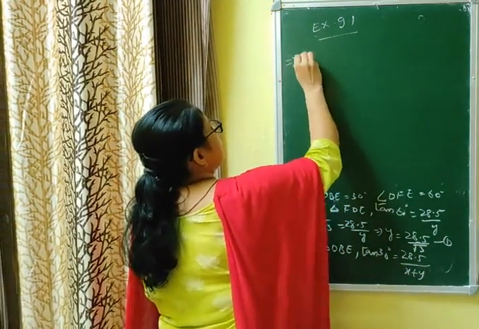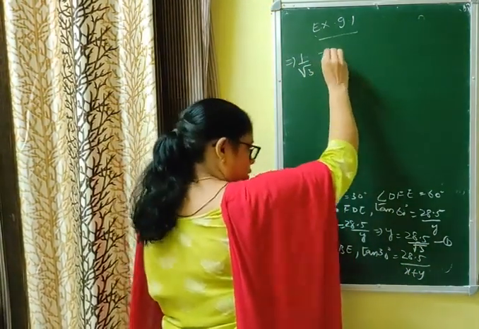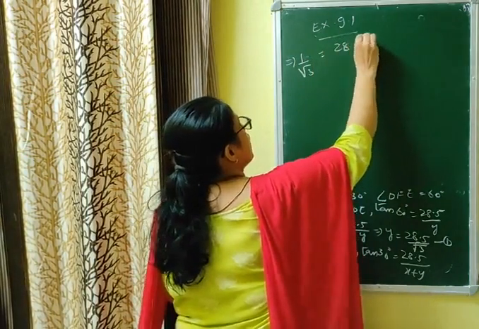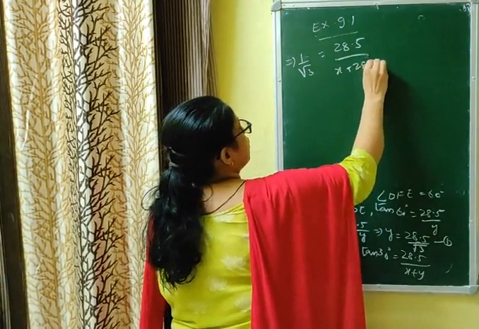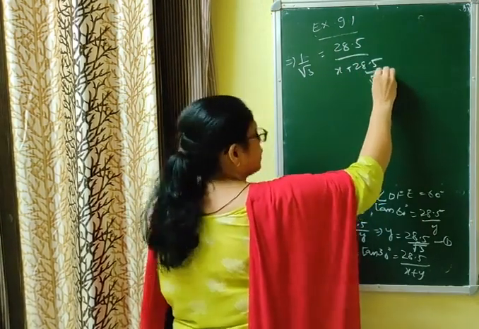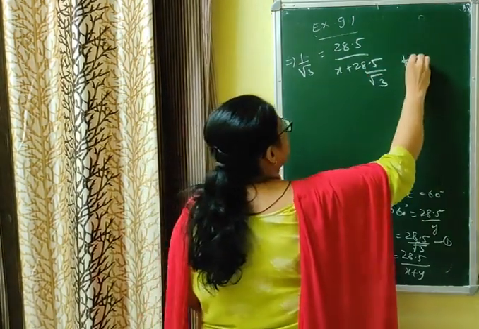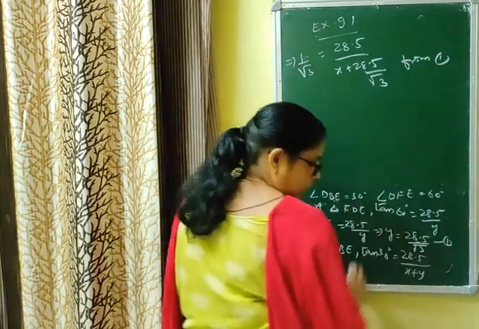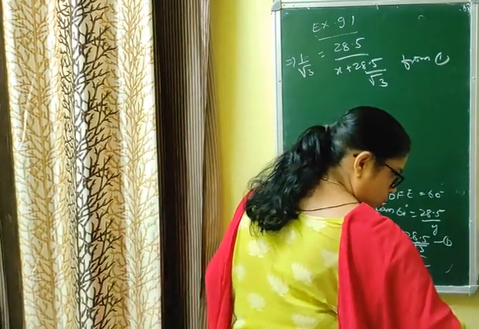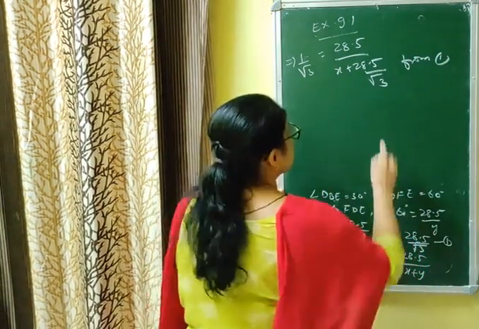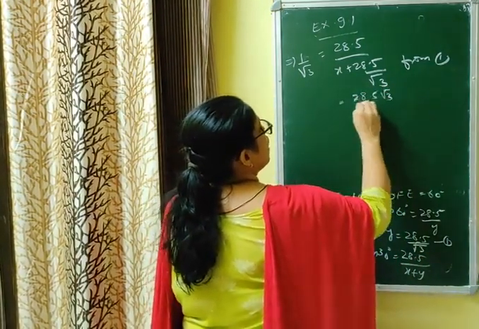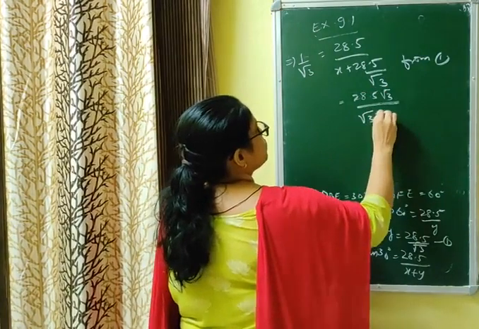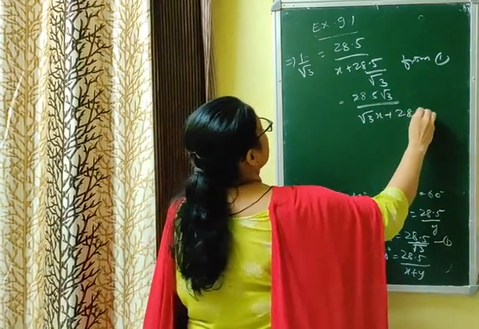That is, tan 30 is 1 by root 3 is equal to 28.5 by x plus 28.5 upon root 3, from equation 1. Now, how can you solve it? By taking an LCM, you get 28.5 into root 3 upon root 3x plus 28.5.